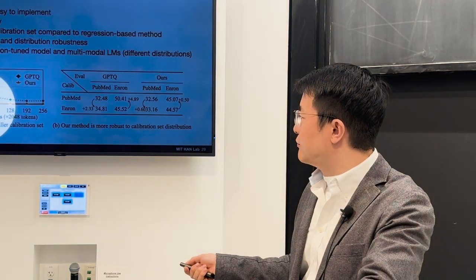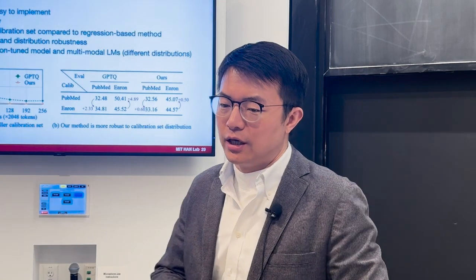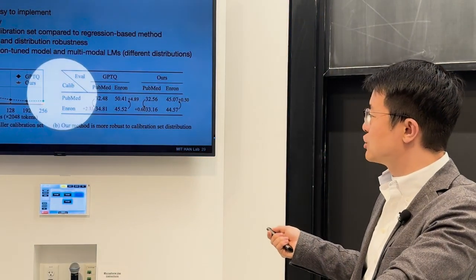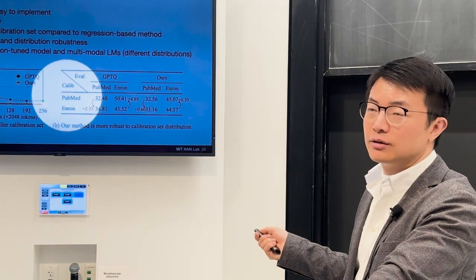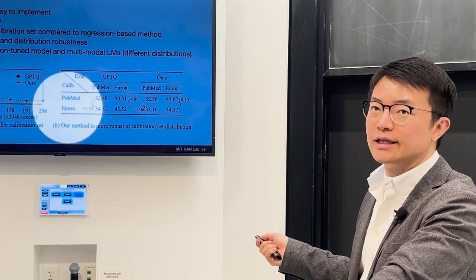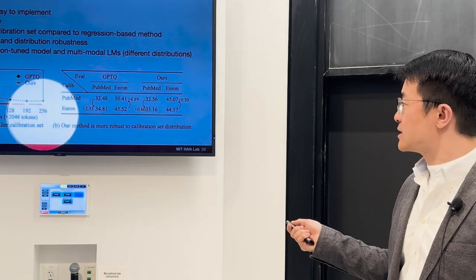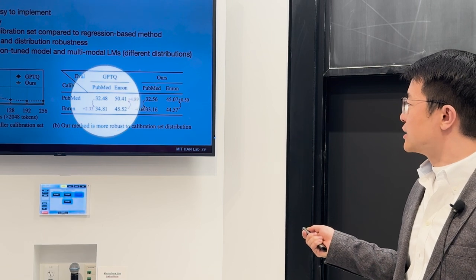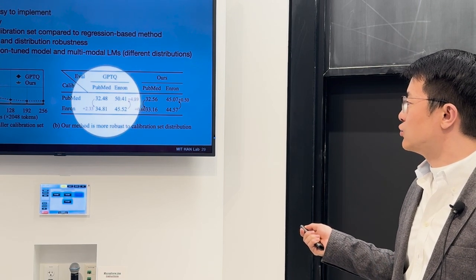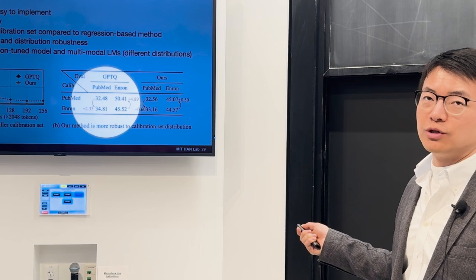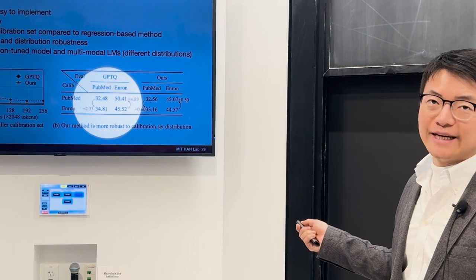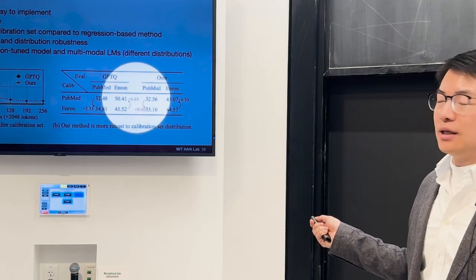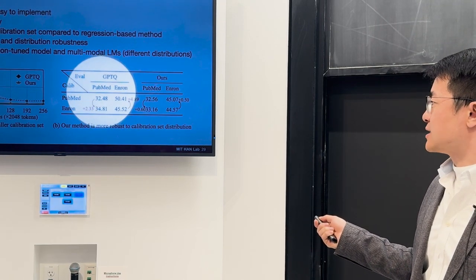Only a very short calibration sequence can help a lot and generalize much better across different data sets. For example, PubMed, which is a medical data set, and Enron, a corporate email data set, are two completely different domains. Using the baseline GPTQ method, the perplexity increases a lot, like 2 or 4 points, when you switch between different calibration data sets and the actual data set under test.